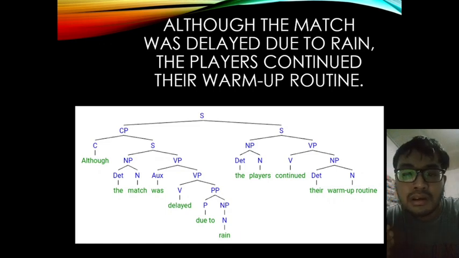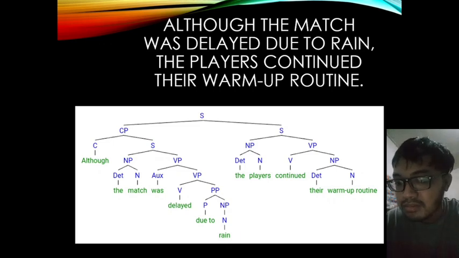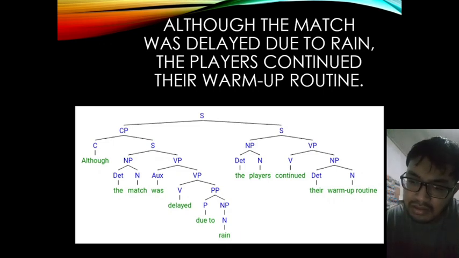The main clause is the players continued their warm-up routines. The players is the subject, not the object.